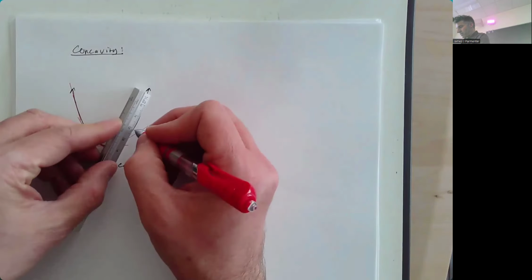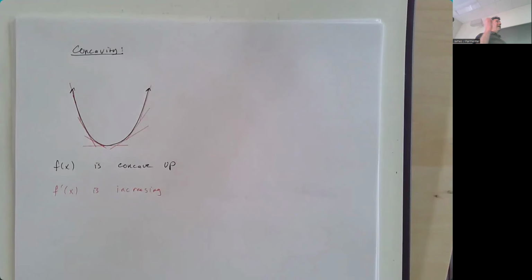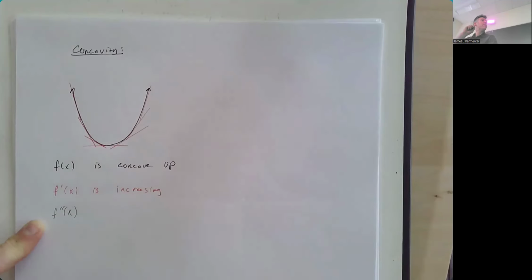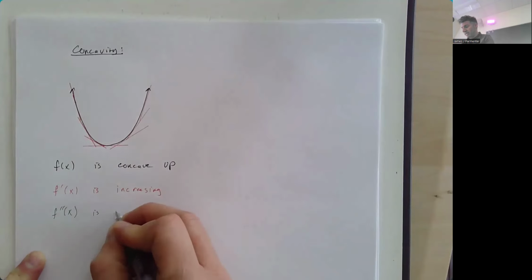We know that if a function is increasing, its derivative, its slope of the tangent line, is positive.